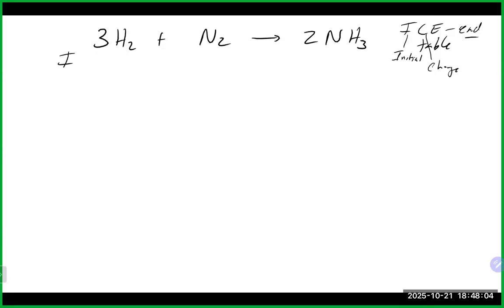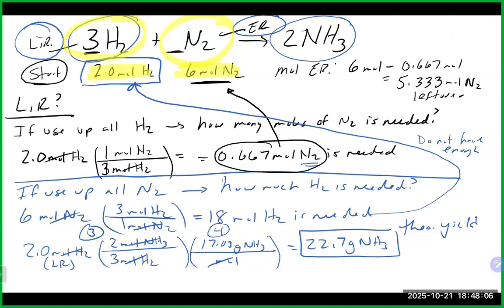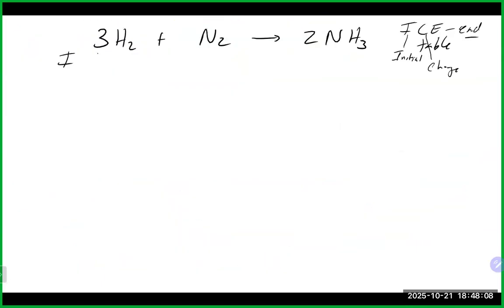And again, I'm just going to use the numbers we did here, which were 2 and 6. So we're going to have 2 moles of this one and 6 moles of this one, and you could safely assume 0 to start with on the other end. Now, the change in ICE tables is usually represented by the letter X.